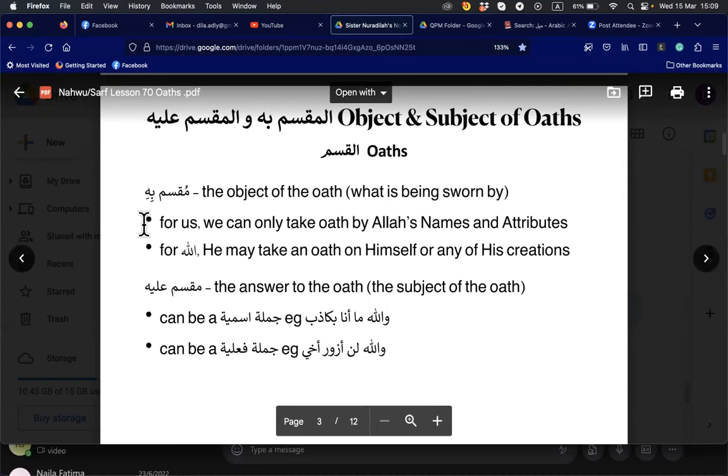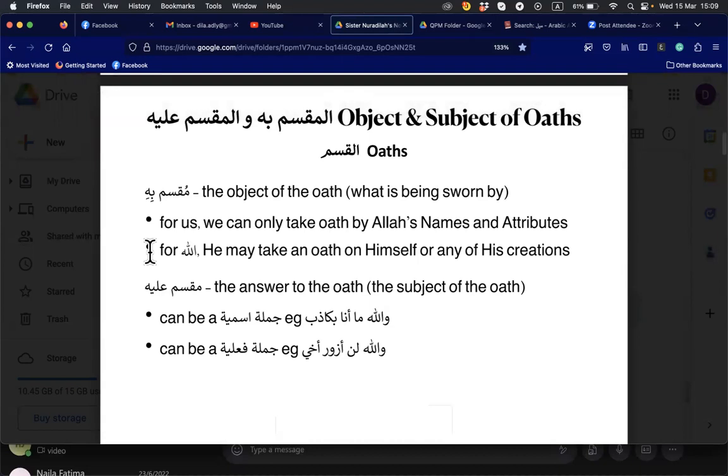We take an oath by Allah's names or his attributes. But for Allah, obviously, he is the creator. He can take an oath on himself, or he can take an oath by any of his creations. In fact, in tafsir, they always say that when Allah takes an oath by his creations, there is an importance to that creation.